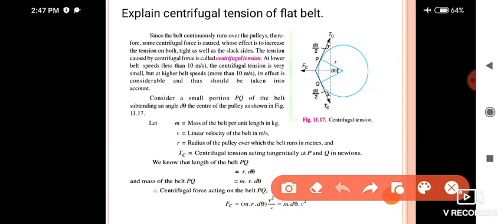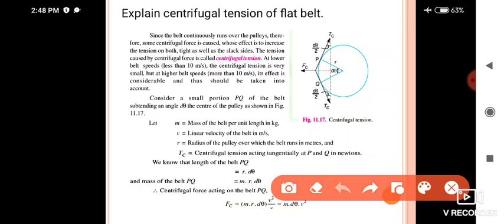Since the belt continuously runs over the pulley while we are taking work from it, some centrifugal force is caused, as you already know. Its effect is to increase the tension on both sides, the tight side as well as the slack side.